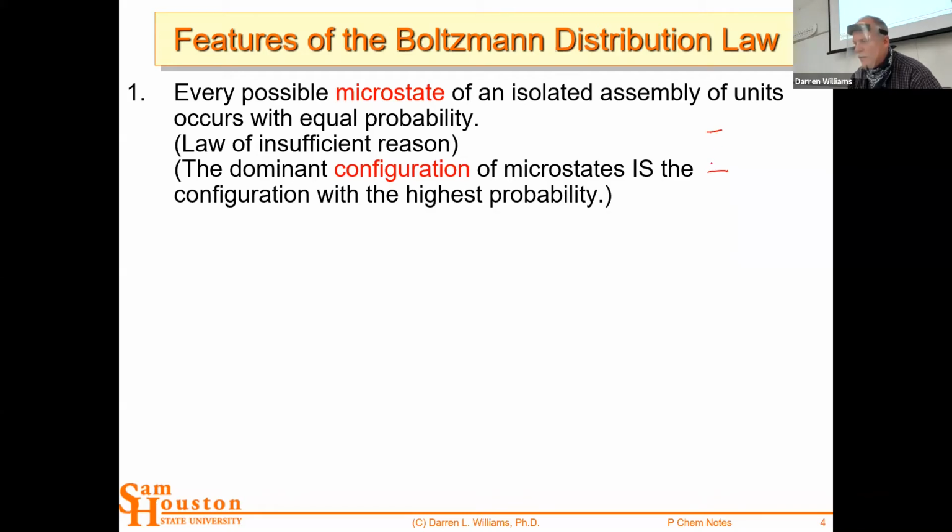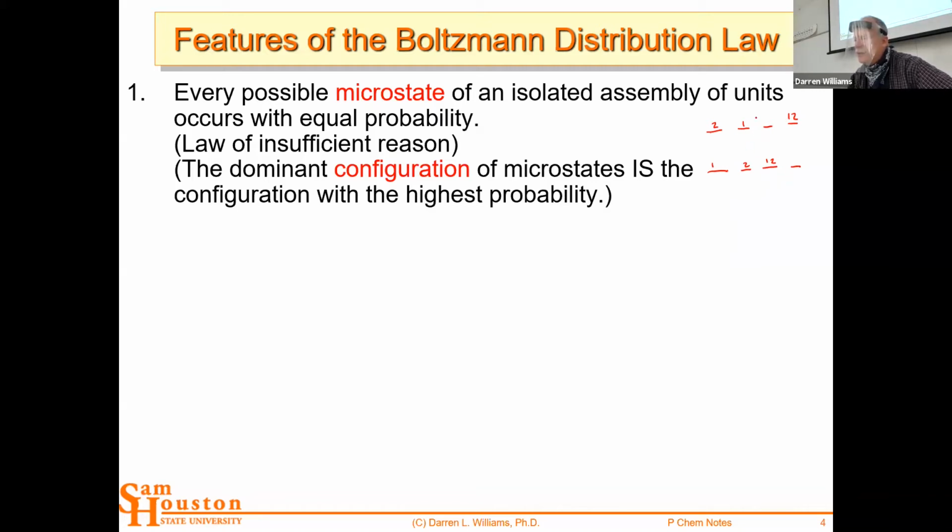I can have 1 and 2, I can have 2 and 1, I can have 1 and 2, or I could have 1 and 2. So these are 4 microstates for 2 molecules and 2 energy levels.